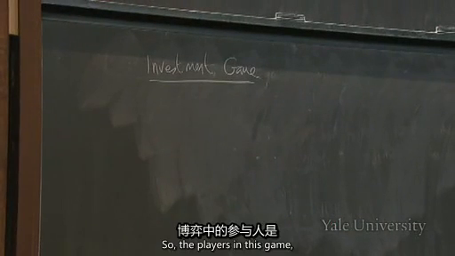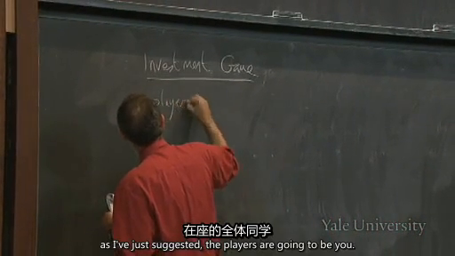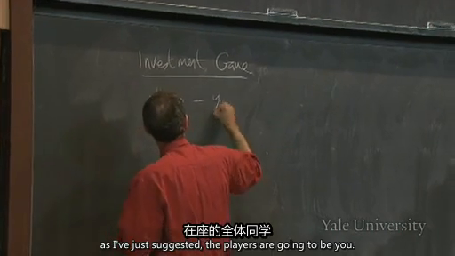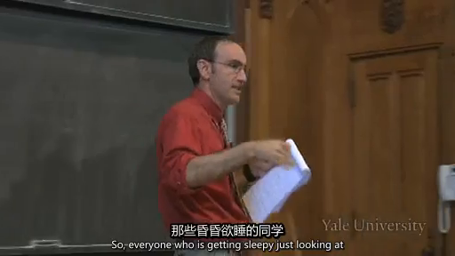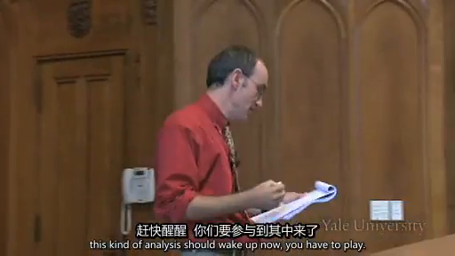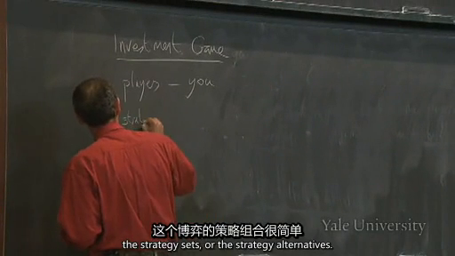All right, so the players in this game, as I just suggested, are going to be you. So everyone who was getting sleepy just looking at this kind of analysis should wake up now. You have to play. And the strategies in this game are very simple.